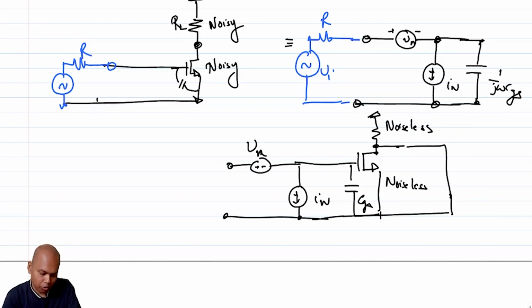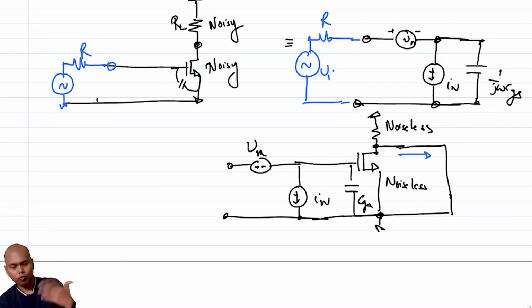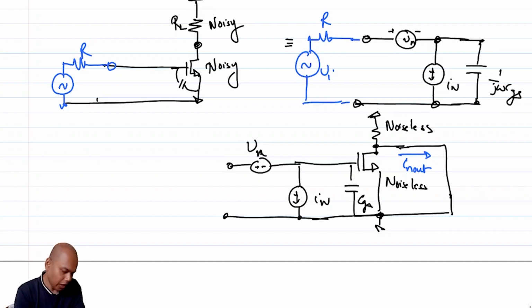And how do I know if I am successful in this transformation? I'll be successful only if the total output noise, voltage or current, is identical. As it turns out, in the case of transistor circuits, it is easier to deal with currents. So the equivalent short circuit current, let's say In out, should be identical in the two cases.